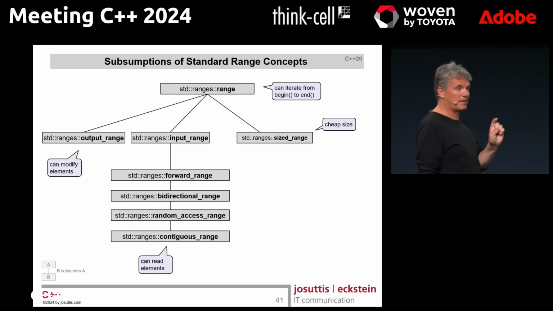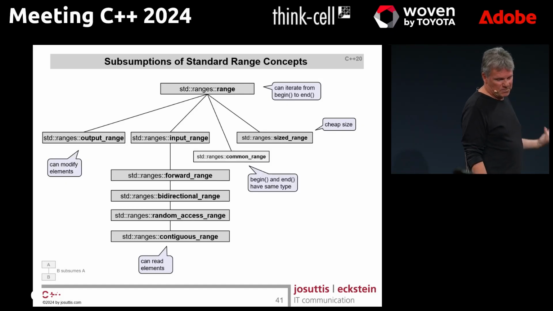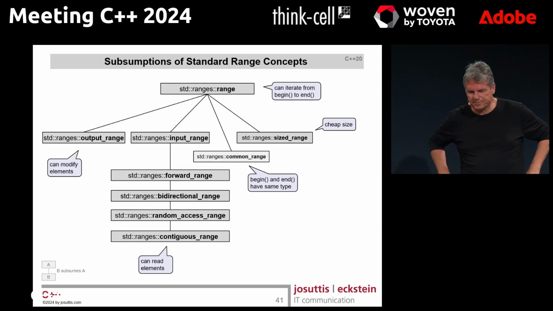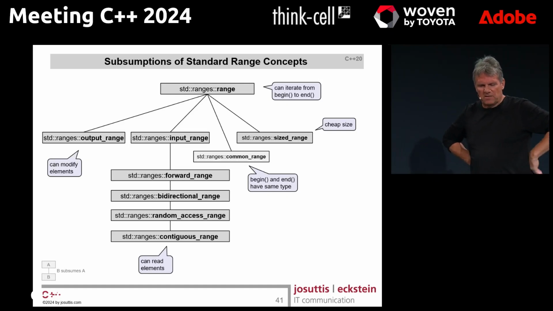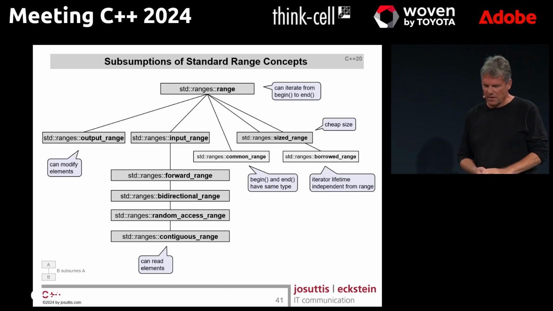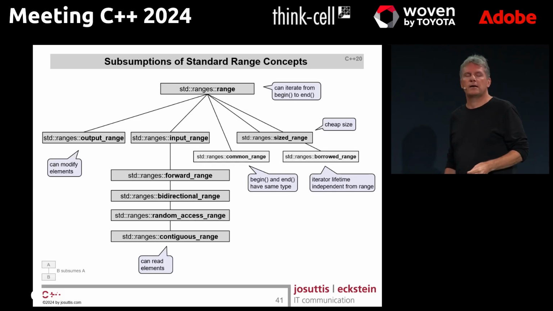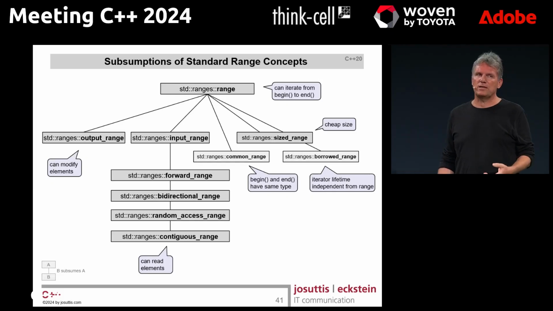The second one is, again, a semantic question, a performance question, a runtime question. Common range says, do begin and end have the same type, which is not always the case. And borrowed range asks, if I get an iterator, is the iterator independent from the lifetime of the range? Could I use the iterator even if I destroy the range I got this iterator from?